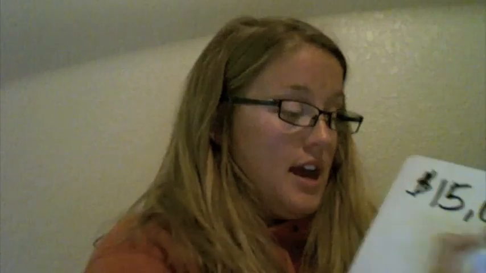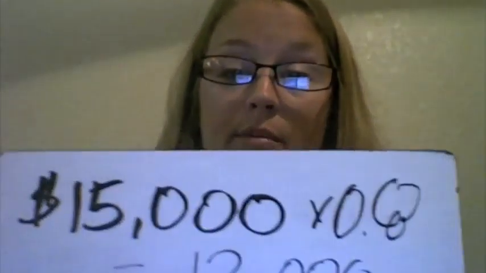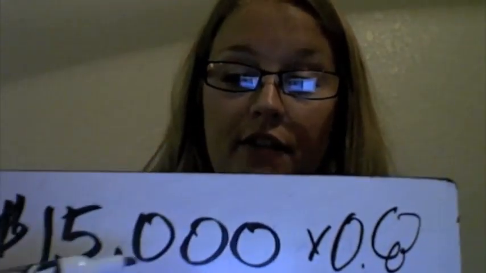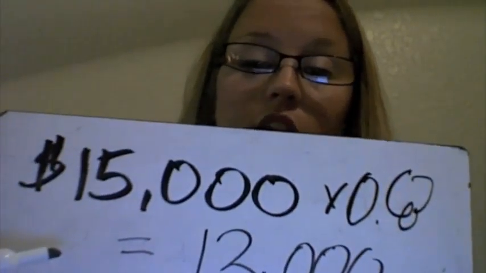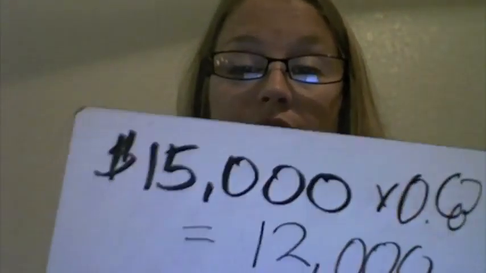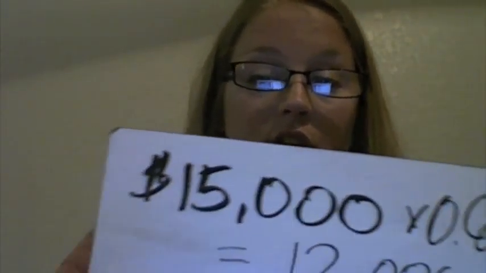Our answer for one year, how much it depreciates in value, is $12,000 is how much our car is worth. So we bought it at 15, it's now a year later, and our car is now worth $12,000. So we have this formula of 15,000 times 0.8.